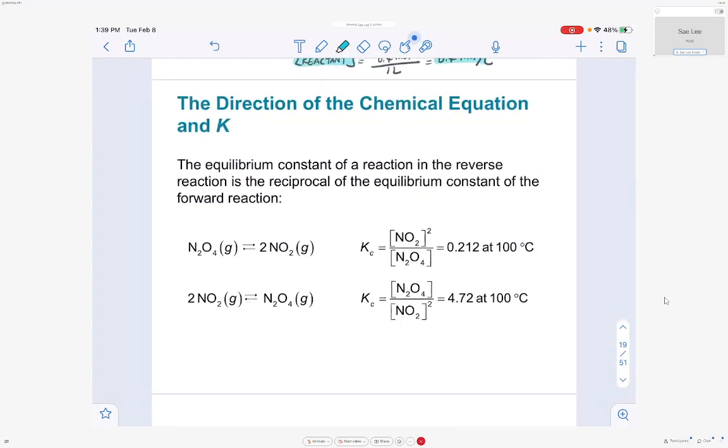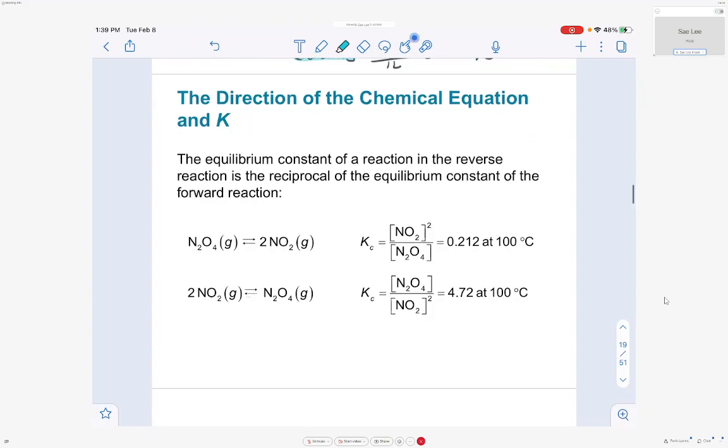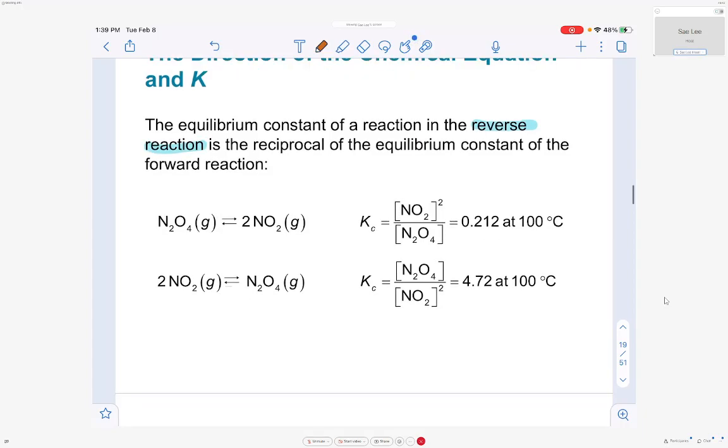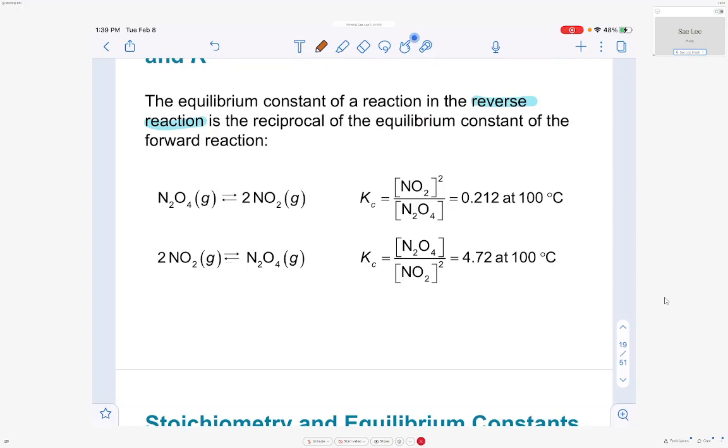All right. So what happens to the Kc when you're evaluating a reverse reaction? What is the equilibrium constant for the reverse? Okay. So this is the original equation that we have.